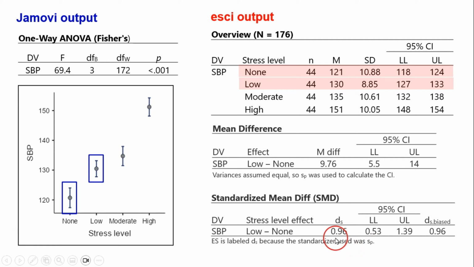So we see that we have a separation, a larger mean effect on the systolic blood pressure for the low compared to the none, of a difference of about 0.96 of a standard deviation in the population.